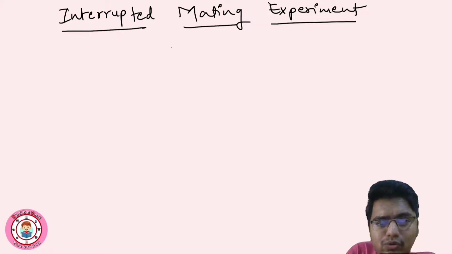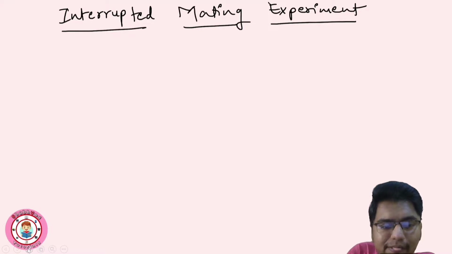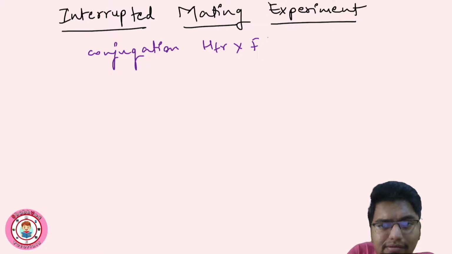So this is related to HFR strains conjugation, HFR into F minus mating. This is the mating. And what is interrupted?